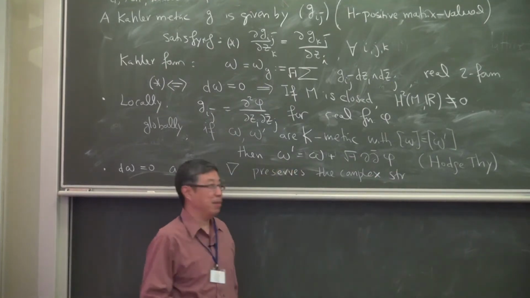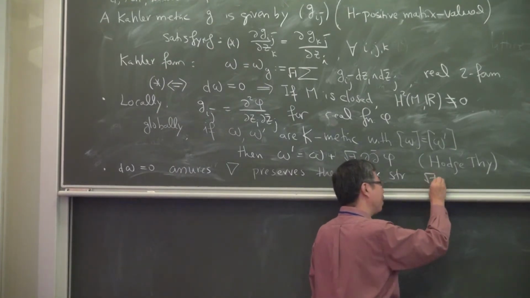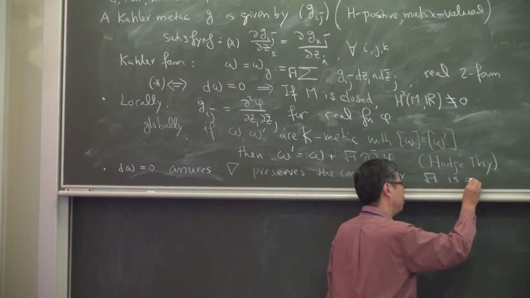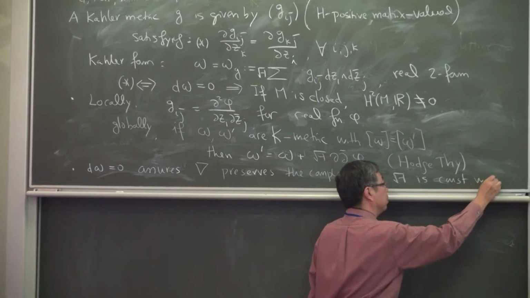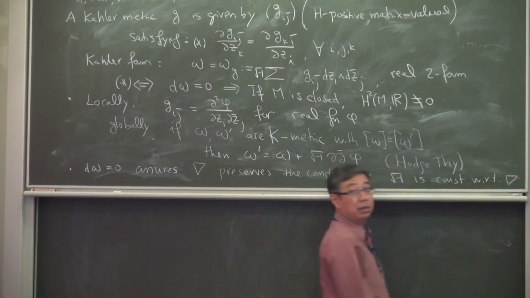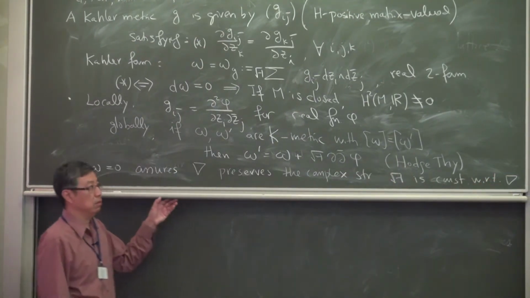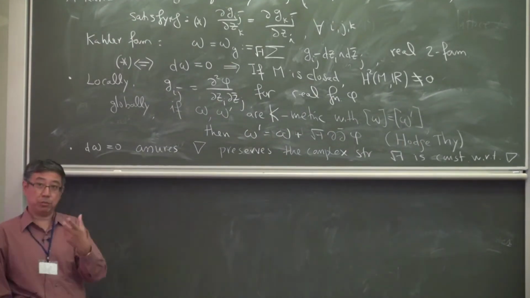So in this case, it simply means the square root of -1 is constant with respect to this derivative.